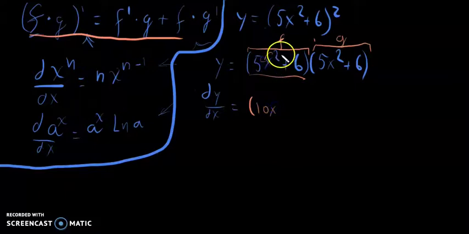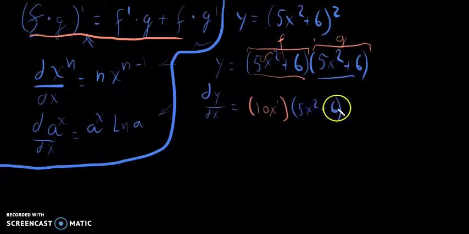The 2 comes down, and 2 minus 1 is 1, so that goes there. And the 6 is a constant, so that just disappears. Then times the second function, 5x squared plus 6, plus the first function, 5x squared plus 6, times the derivative of the second.